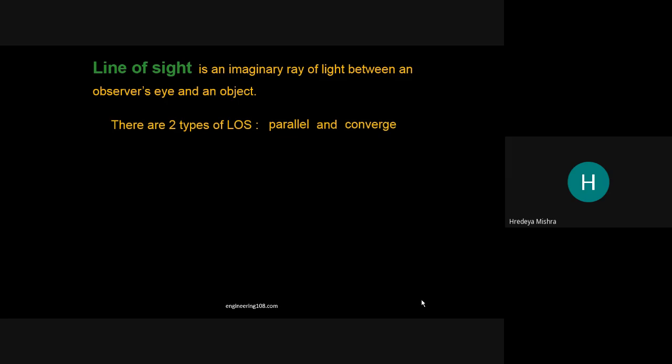In the parallel line of sight, all the rays generated from the eyes of the observer are always parallel to each other.